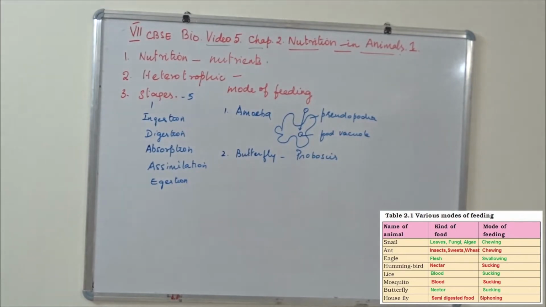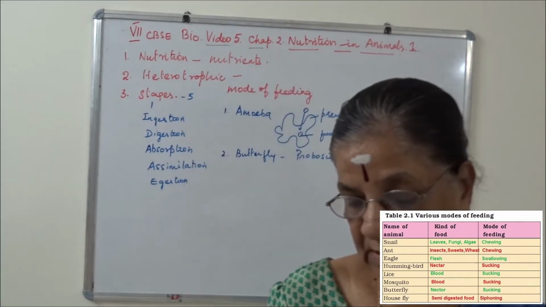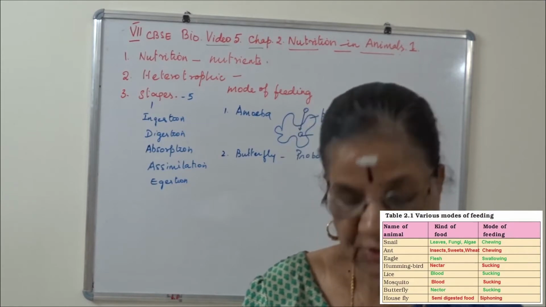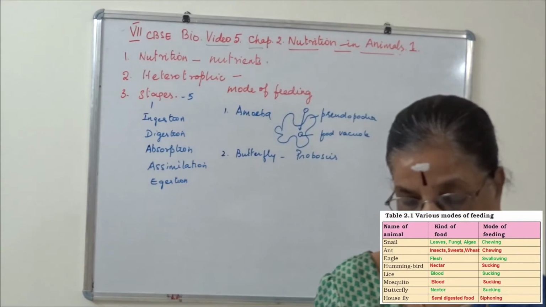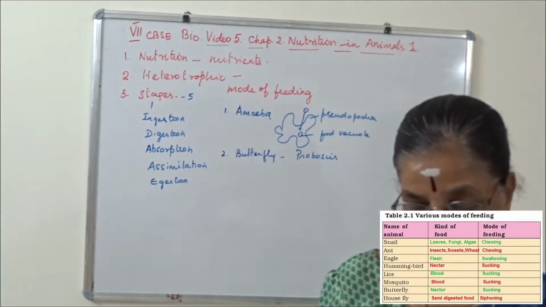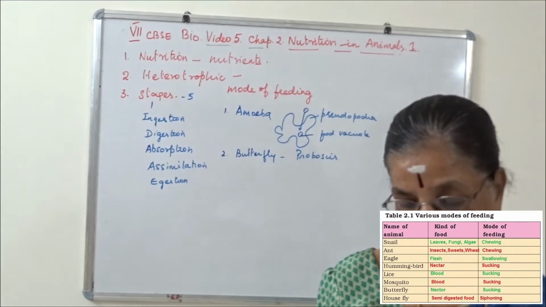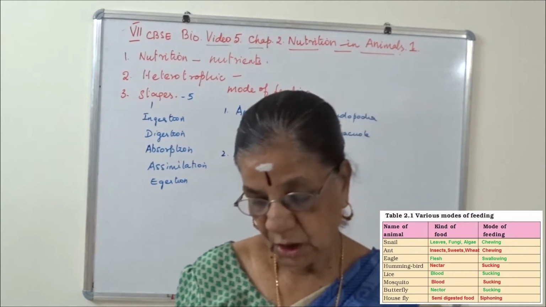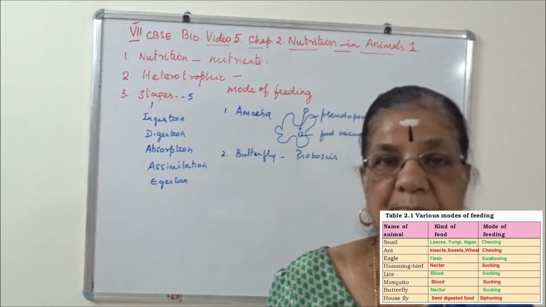In our textbook, on page 11, on nutrition in animals, it is said that animals get their food from plants, either directly by eating plants, or indirectly by eating animals that eat plants.